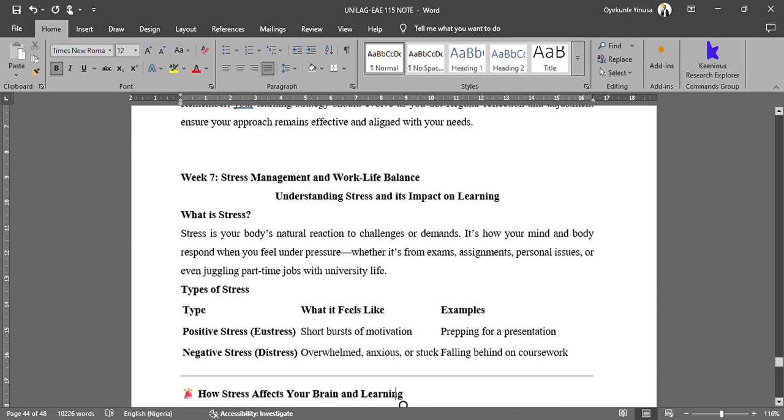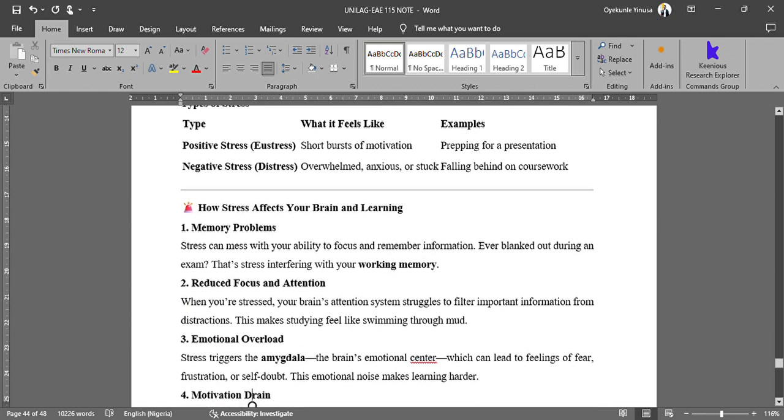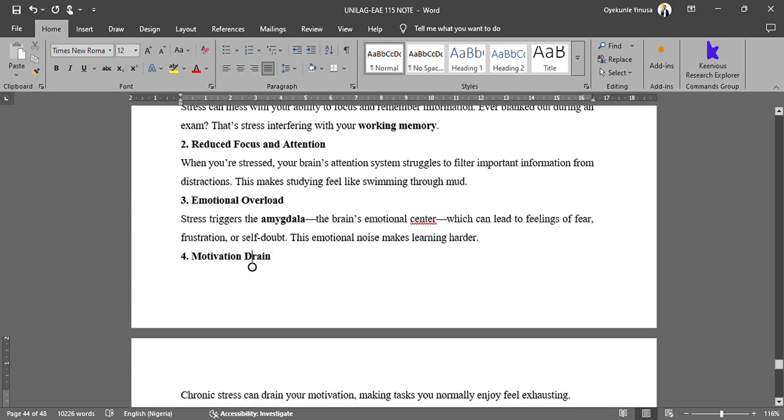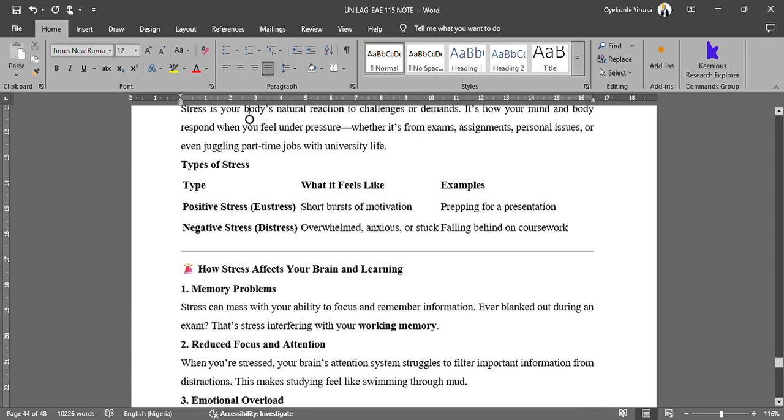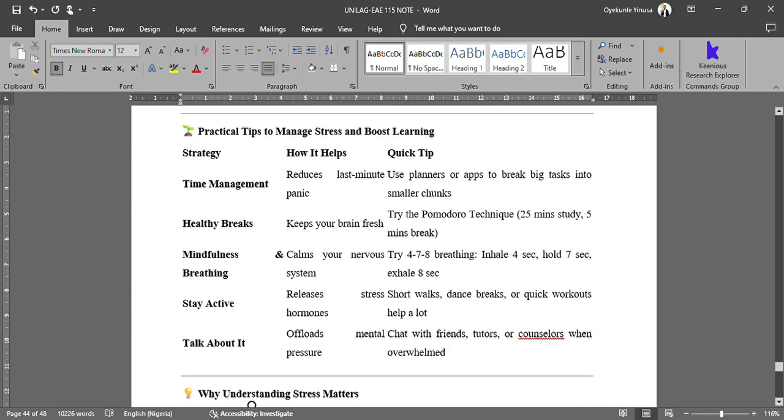Talk about it. Whatever challenges you are feeling or encountering, talk about it with your trusted peer and your facilitator. You must always talk about it. Very, very important. Remember that a problem shared is half solved. It helps you to offload pressure.